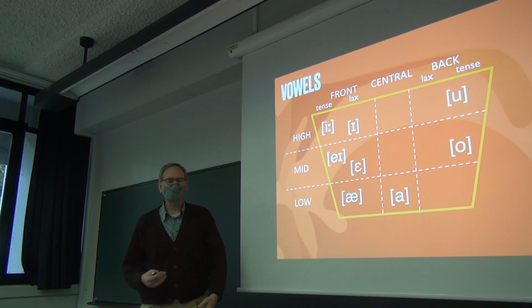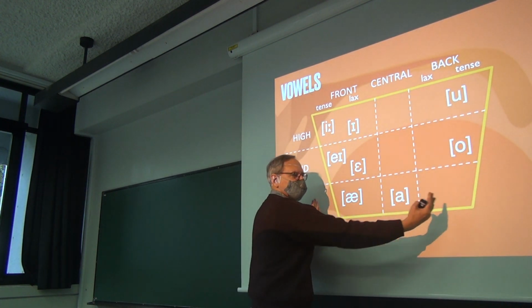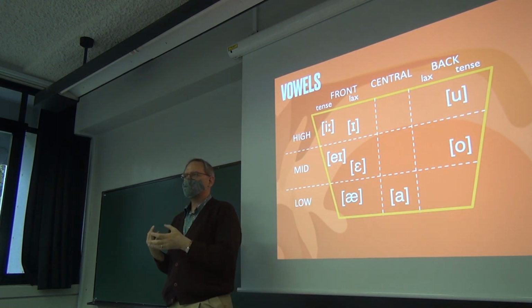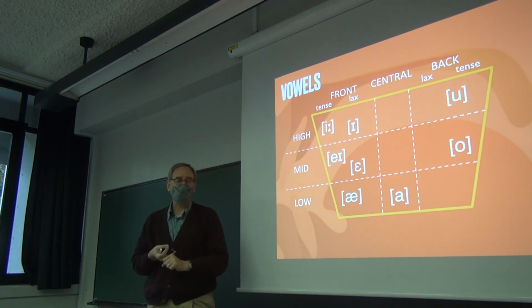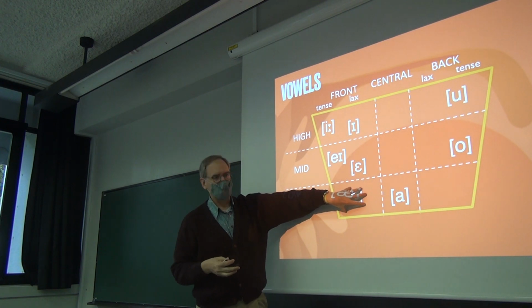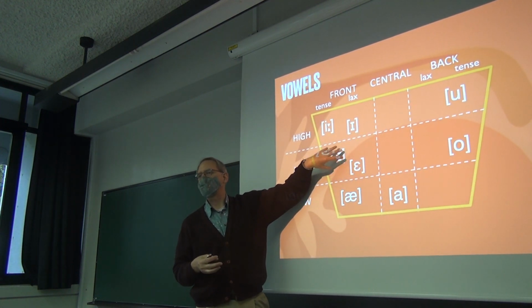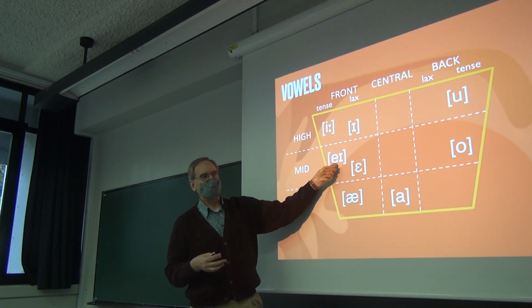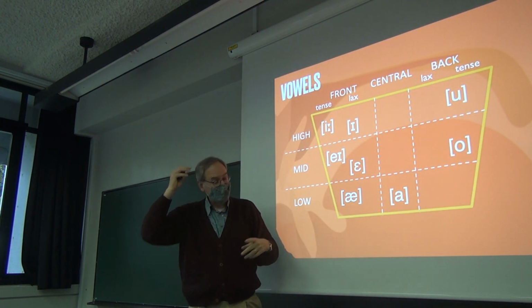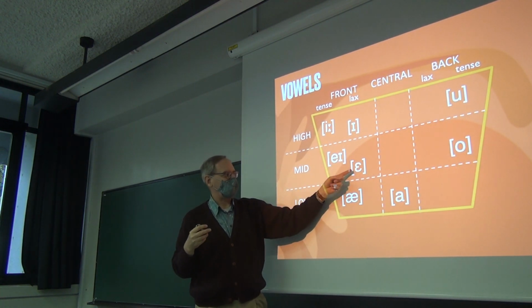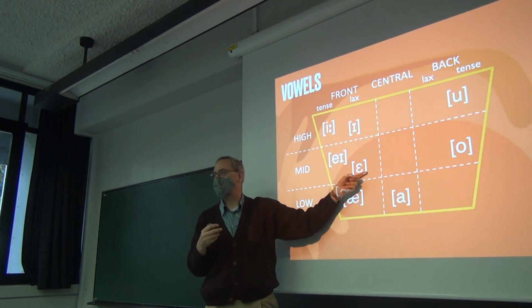And part of the reason is the space is narrower. There's not enough room to have a distinct vowel category. So we have a low front vowel, but we have 2 mid front vowels, a mid front tense vowel and a mid front lax vowel, and likewise a high front tense and a high front lax vowel.